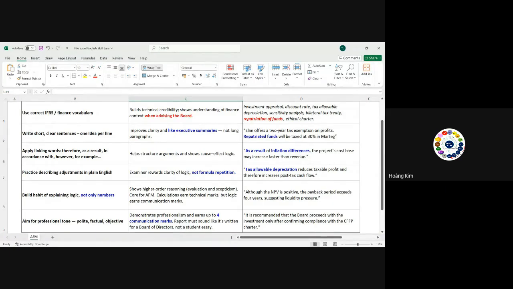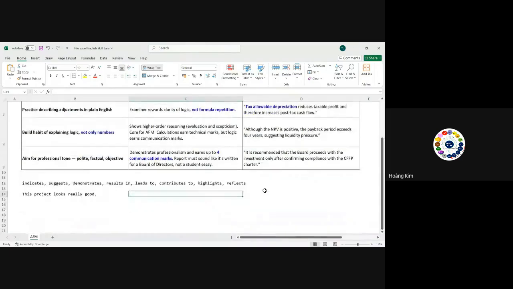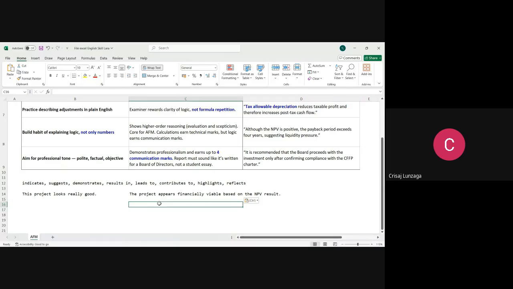Lara, do you understand me? Yes, I think I understand. Yes, for this one, I'll just finish then. As I mentioned, this sentence is not really recommended. So probably you can add linking words to make this clearer and sound more professional. So probably you can say the project appears financially viable based on, which is a linking word, the NPV result.